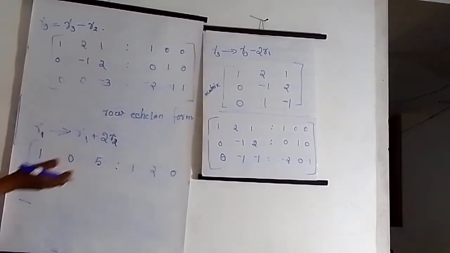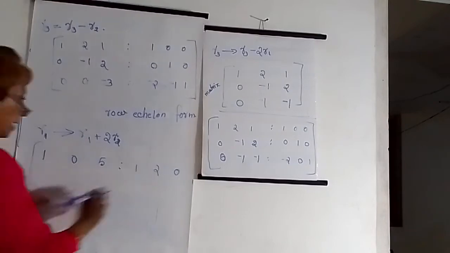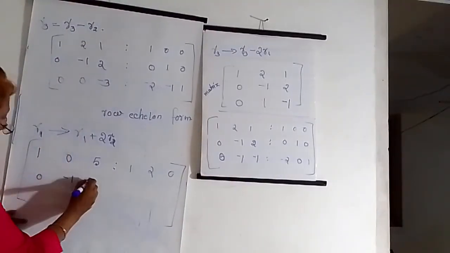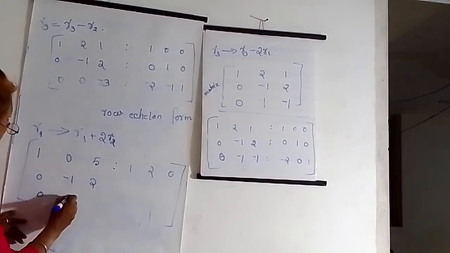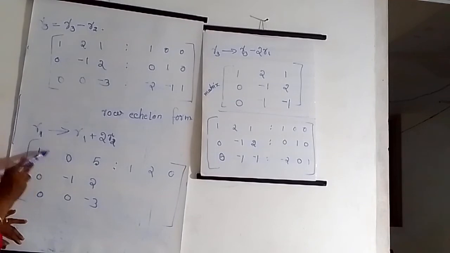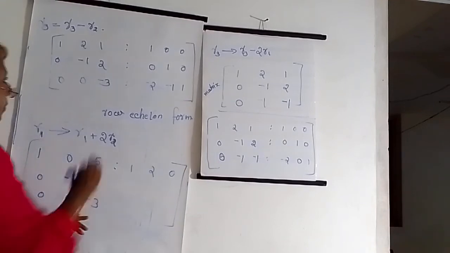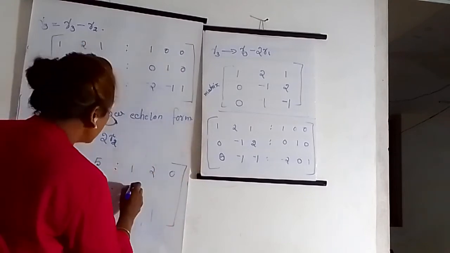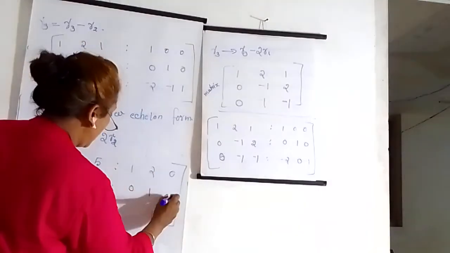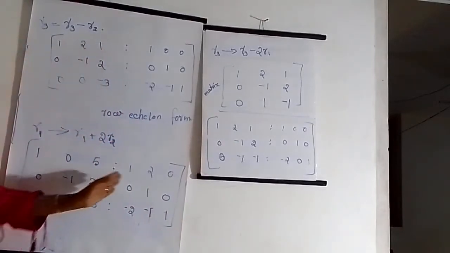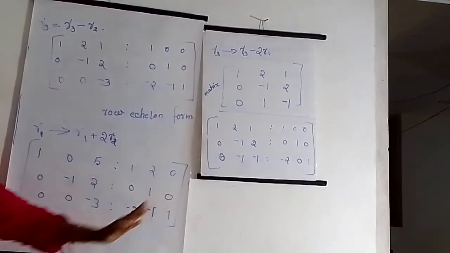Only the first row changes, so we can keep the other rows as such: 0, negative 1, 2, 0, 0, negative 3. See, we got a 1, 0 over this diagonal. So the augmented matrix, the right side, becomes 0, 1, 0, negative 2, negative 1, 1. See, the identity matrix is now changing.